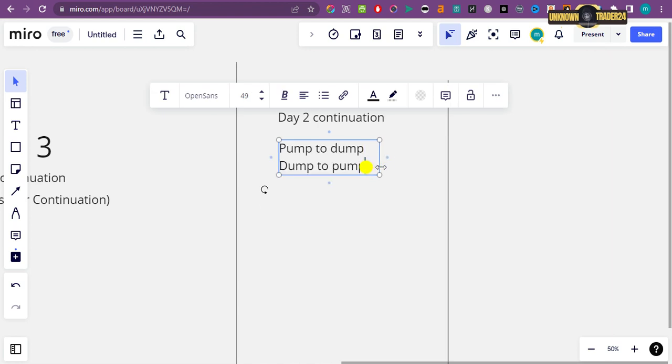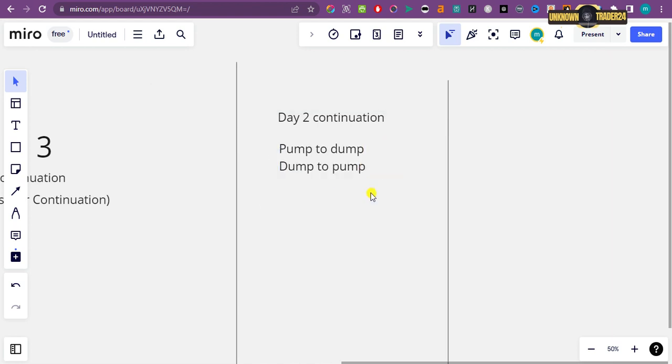As you see, they look the same, but they are not the same. Remember, when market makers want to buy, they will drop the market. In other words, they will dump the market so that they can buy.